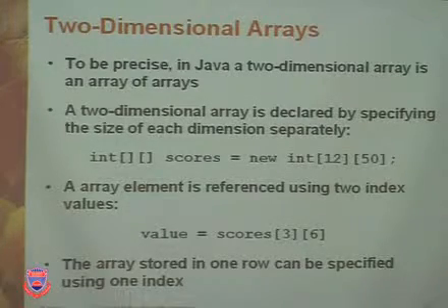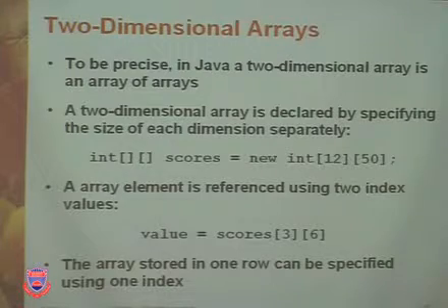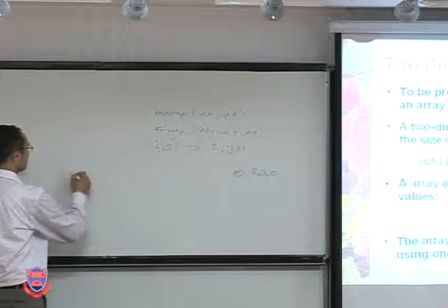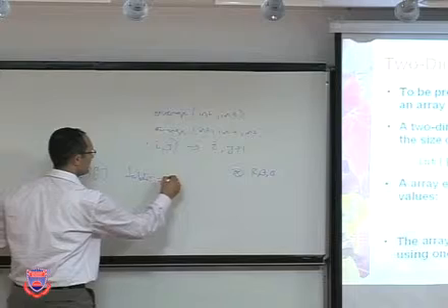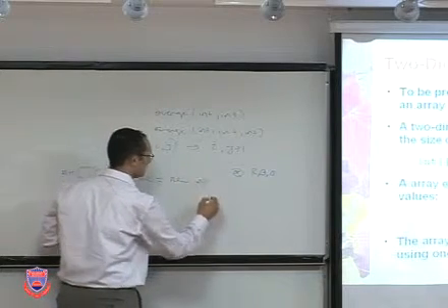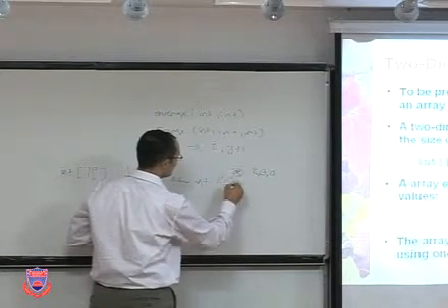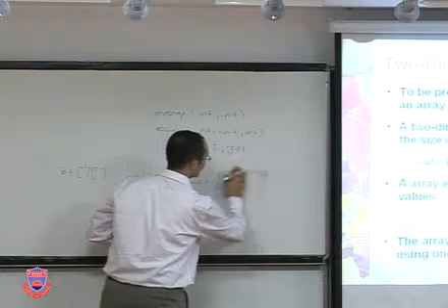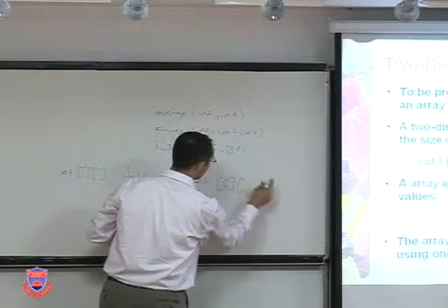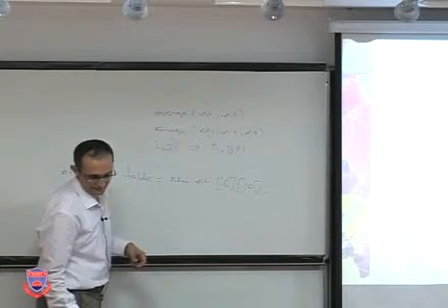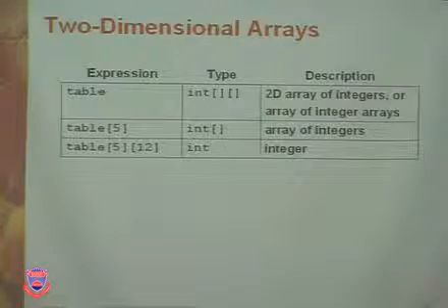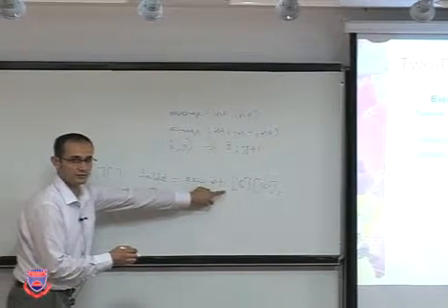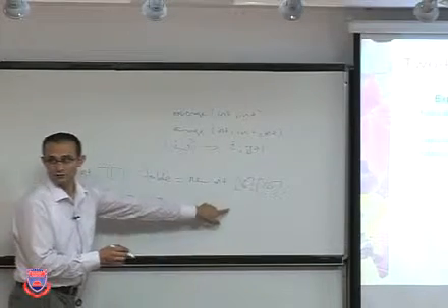So let's say you have an int, and then I say this one table, and I have new int, for example 6 by 10. If this is my declaration, and then I have table, what is it going to do? It's going to create 6 rows and 10 columns, a two-dimensional array.